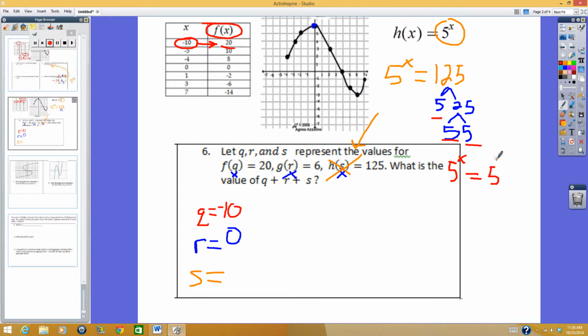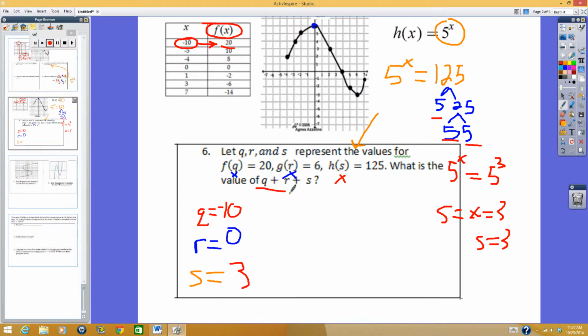Okay? So that x would have been 3. And since they rewrote this x and put an s in there, s is the same thing, right? So like, this is going to look weird, but s equals x, which also equals 3, so s could also equal 3, right? So those are your answers.